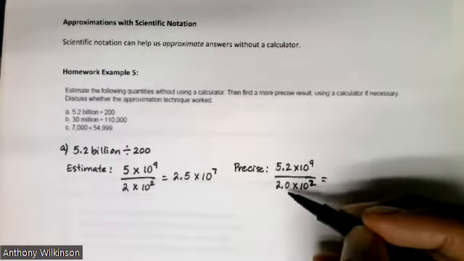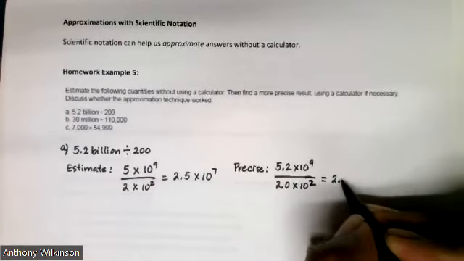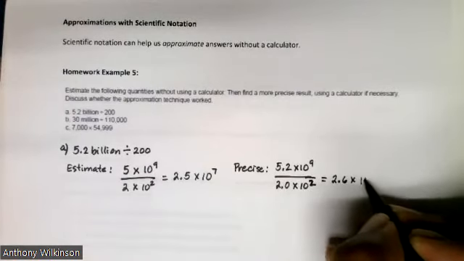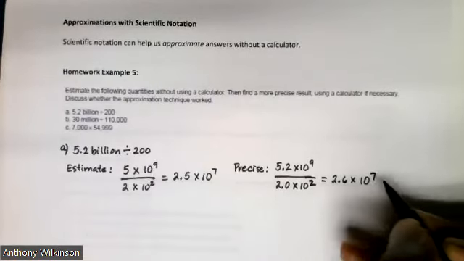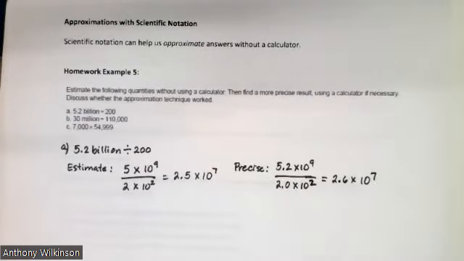Now 5.2 divided by 2.0 will be 2.6 times 10 to the 9 minus 2, which is 7. So the precise answer will be 2.6 times 10 to the 7th power.